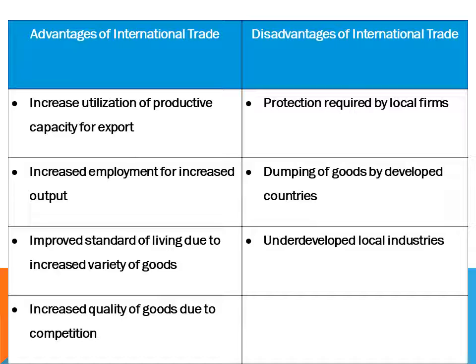And I mentioned already that standard of living is improved as we have more access to these goods, and also because we are accessing more quality goods, we tend to see that level of competition pushing the level of innovation of the local goods, because now that they're competing with imported goods, right, you tend to find that they now have to improve on what they're offering so that the locals would buy their product.